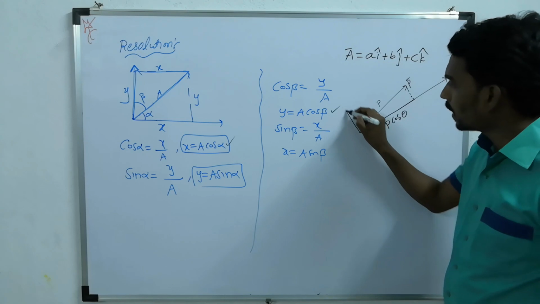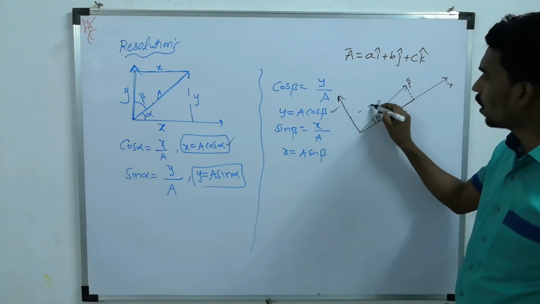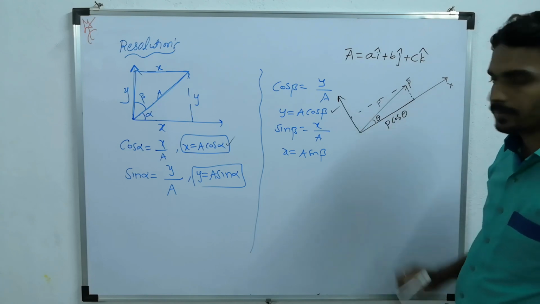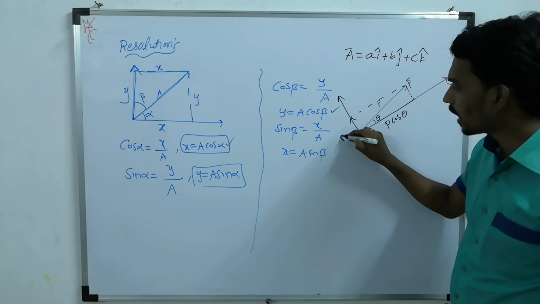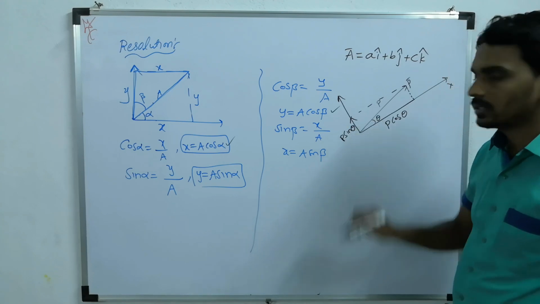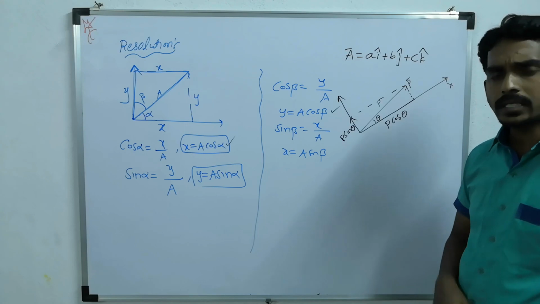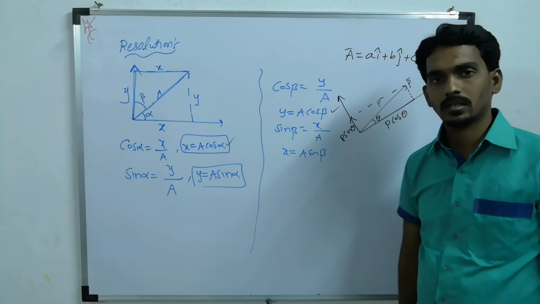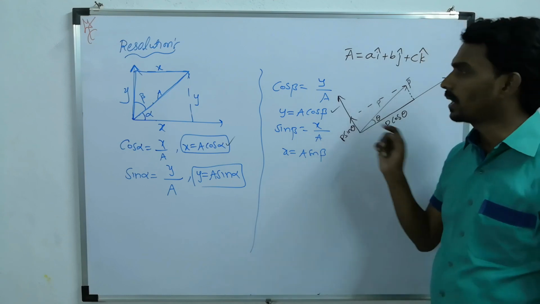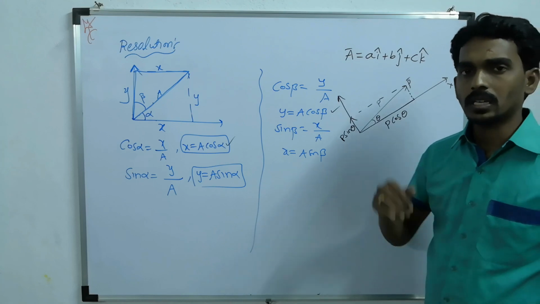Now in the perpendicular direction, you draw another component. This other component will become P sine theta. So that's why every vector can be divided into two components along two perpendicular directions. So that is the concept of resolution.